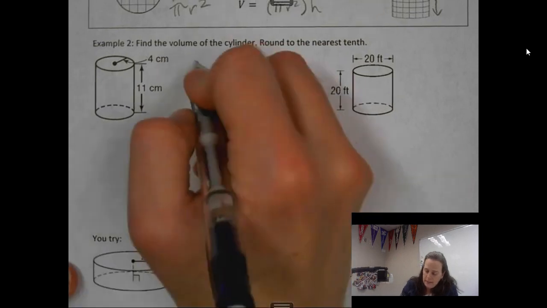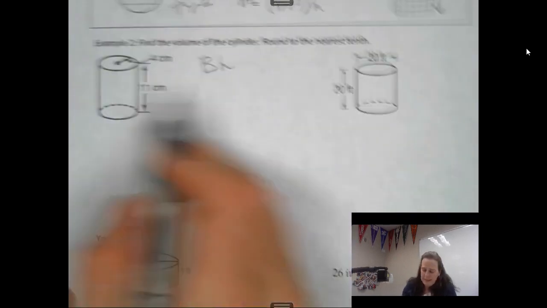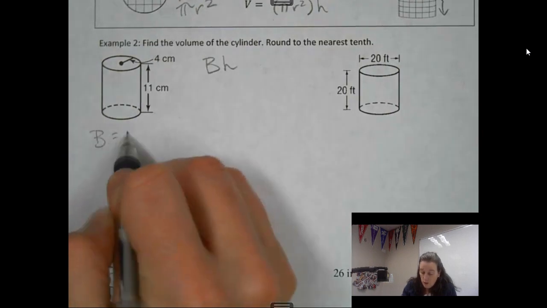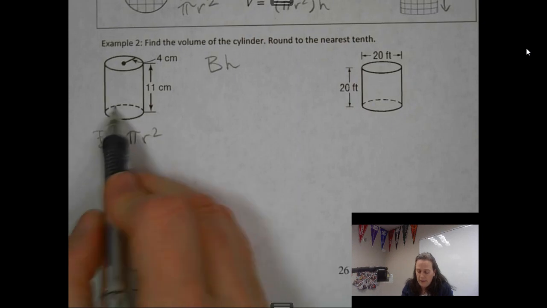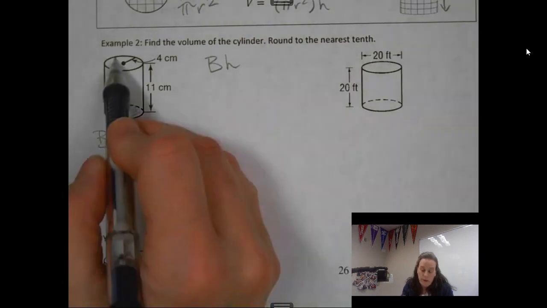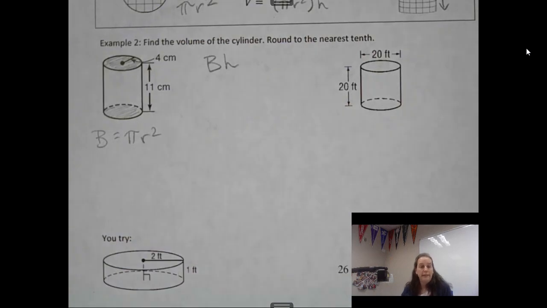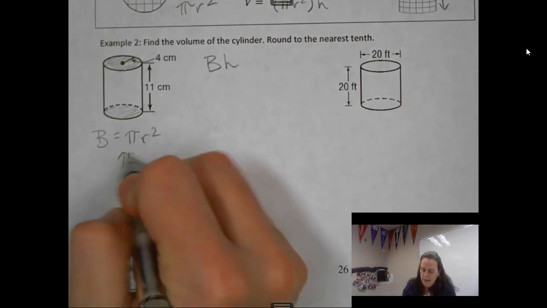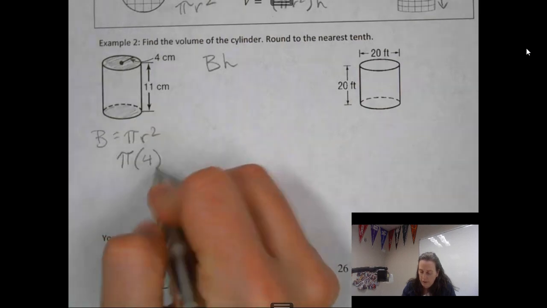Okay, base times height. We need to know what the area of the base is though. Base is a circle, so pi r squared. We're going to find the area of this circle down here, or you could think of it as this circle up here. But one of those, we need to know what the area is. Pi r squared, they did give us r, 4.